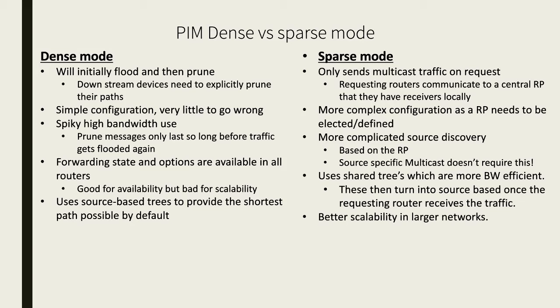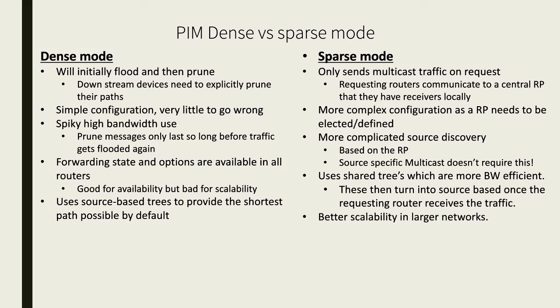But after a period of time, once the counter has expired, I think it's around 4 minutes or so, dense mode will kick into play again, and then it will flood the traffic once more across the network. As a result, you get spiky bandwidth utilization, and potentially you get discarding randomly at transient intervals, and you will be scratching your head thinking, why am I getting random bursts of traffic?